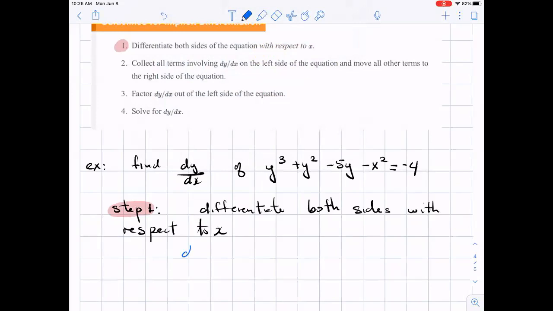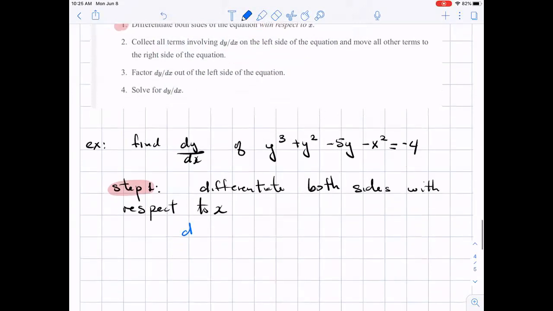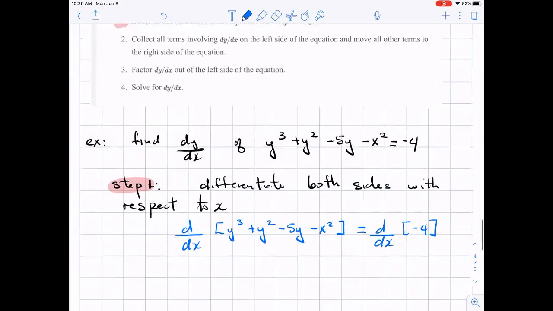It means what is d dx of y cubed plus y squared minus 5y minus x squared. We're going to differentiate that. And we're going to also differentiate d dx of the minus 4. So we're differentiating both sides, okay?